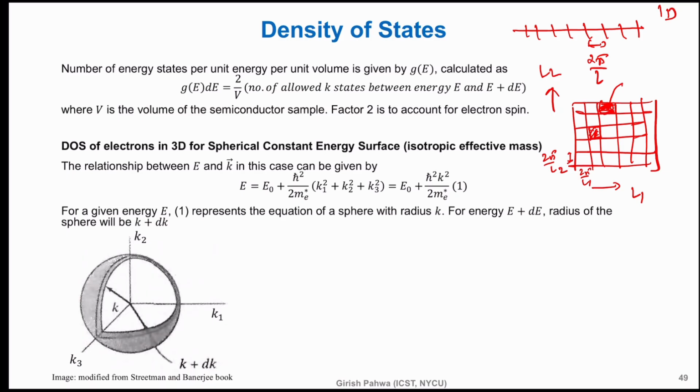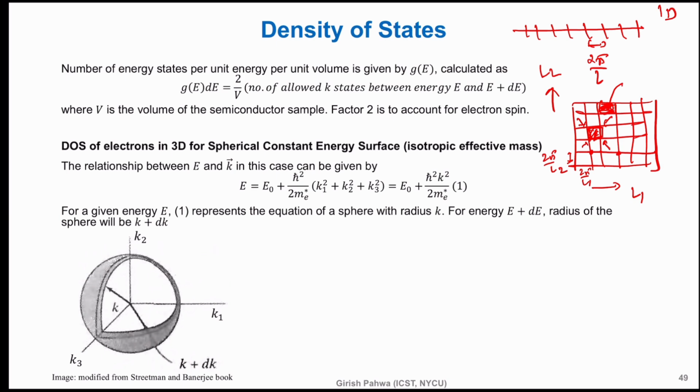Actually it is shared: at each intersection you have a k point, but one square is shared by 4 such points, 1, 2, 3, 4, so only 1/4 of one point is there in one square. That is why one square corresponds to 1 point.